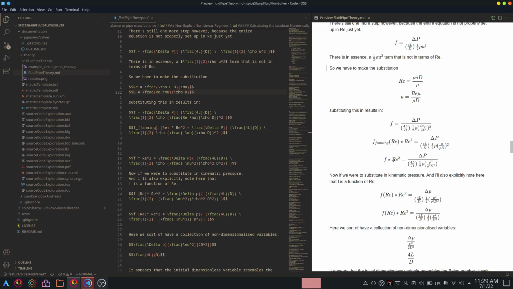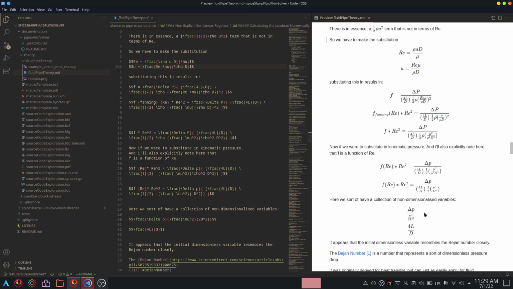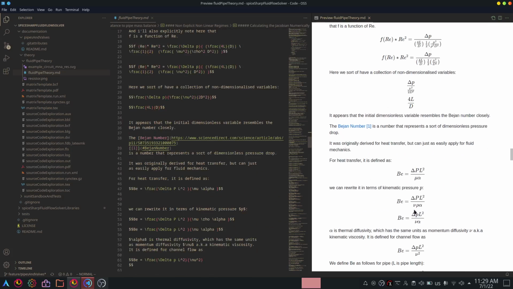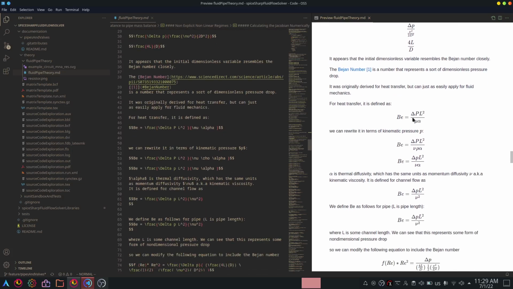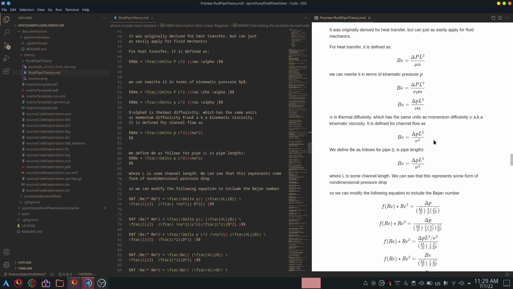So I bring all the Reynolds number terms to the left hand side, and this f here is a Fanning friction factor. All of these viscosities and things here, I will just combine into the pressure to give a non-dimensional pressure. The quantity of choice I use is the Bejan number because it already exists. I don't want to reinvent new dimensionless quantities.